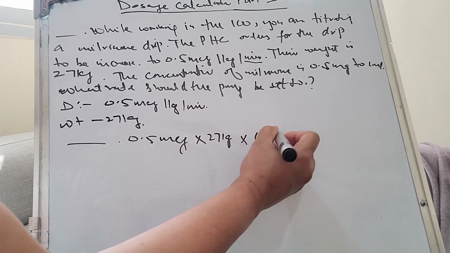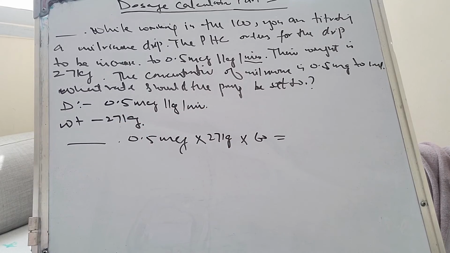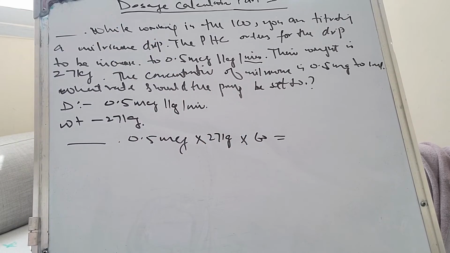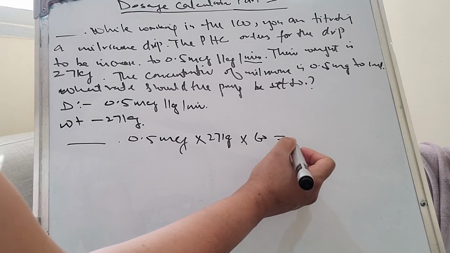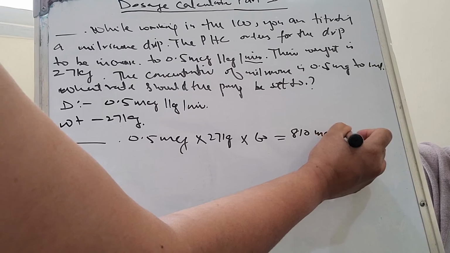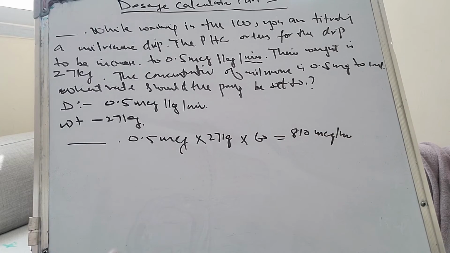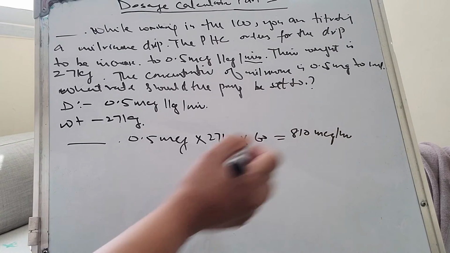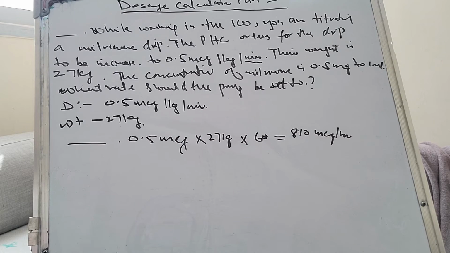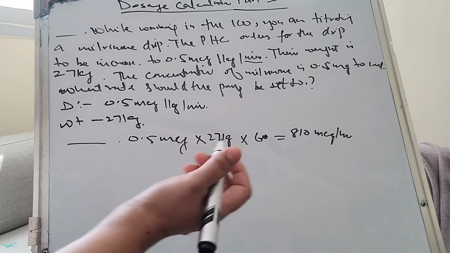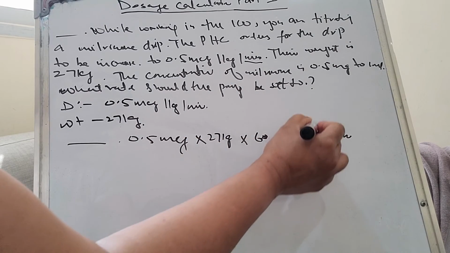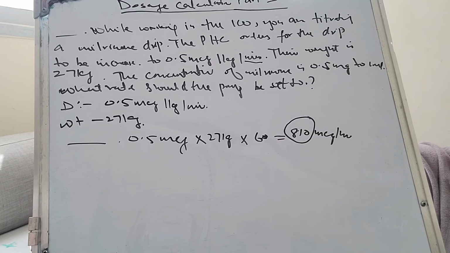Multiply with 60 because they give you the rate in minutes. So what answer will come here? The answer will be 810 microgram per hour. This one we take the dose in hour, so we multiply with 60 to convert to hours. This is now our desired dose, 810 microgram.